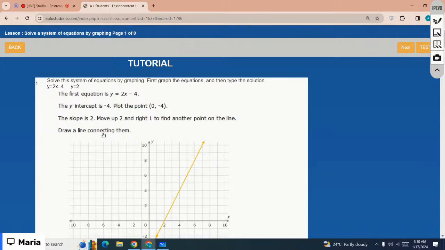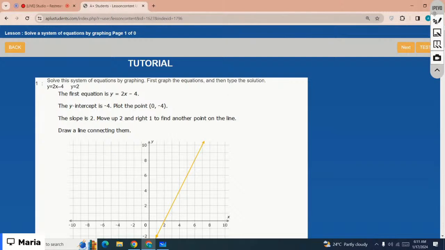So let's see how do we solve the equations. How do we solve the system of equations by using graphing, right? So you are given two equations, y equals x minus 4, and the second one is y equals, right? So let's just plot both the equations on the graph.